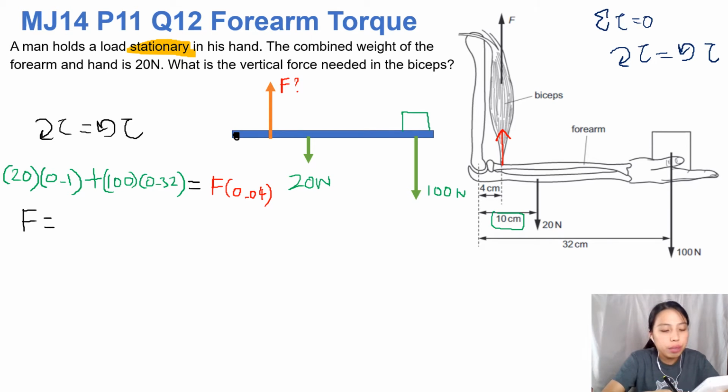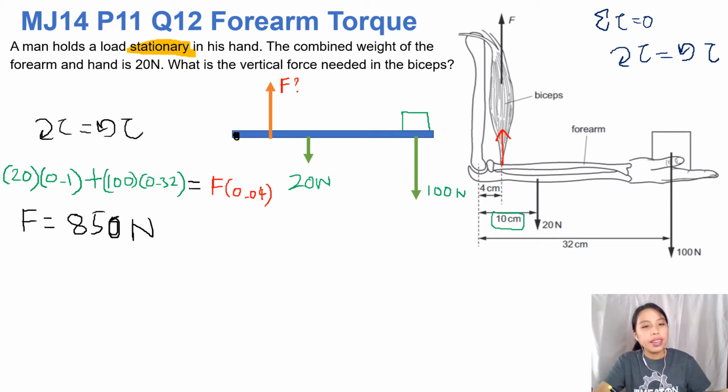Okay, so let me just plug it in. 0.1 times 20, plus 100 times 0.32, divided by 0.04. 850 newtons.